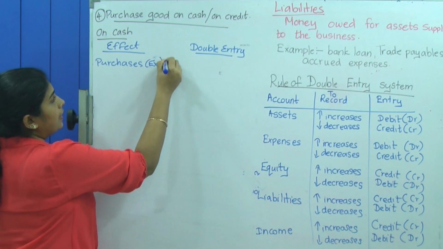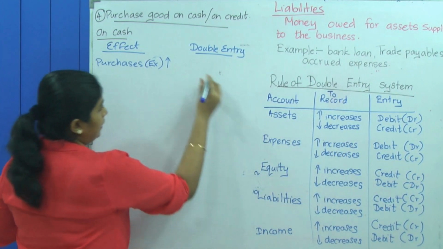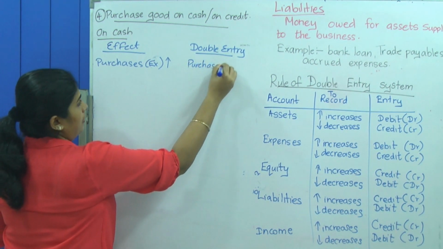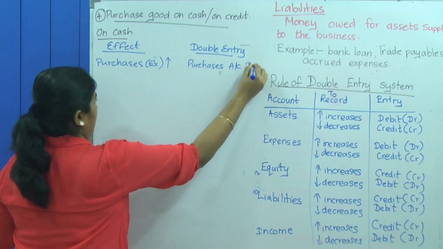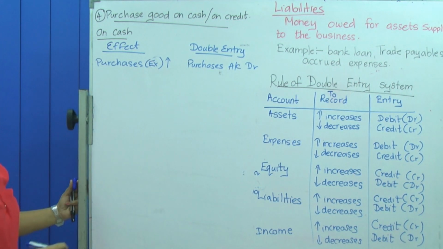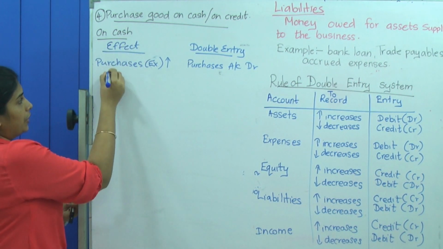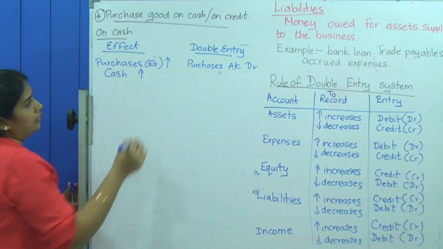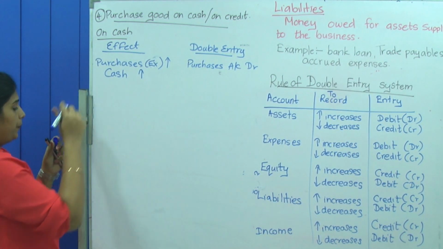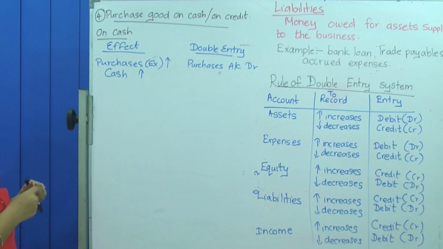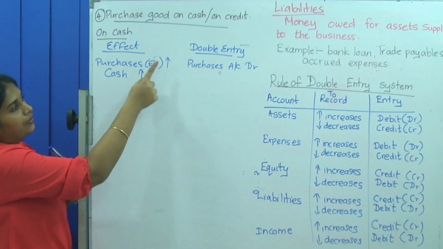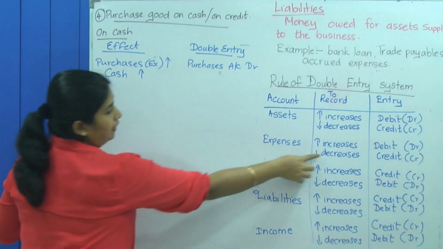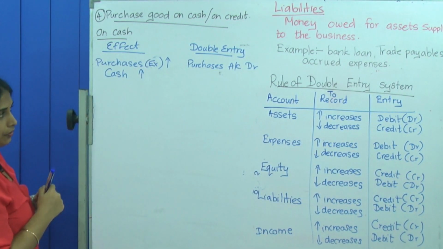So expense increases will be on the debit side of the account. So the purchases account will be debited. When you pay in cash, it will be a decrease in the cash account. So when you purchase things on cash, purchases increases, and we assume that purchases is an expense, so when expenses increase, it will be on the debit side of the account.